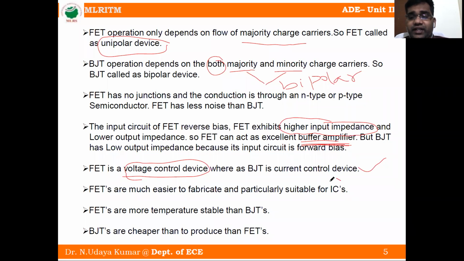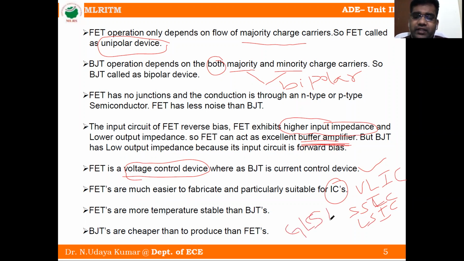IC means integrated circuits, or VLSI, very large scale integration. There are different levels: small scale integration, large scale integration, VLSI, and the present technology is GSI, giga scale integration.